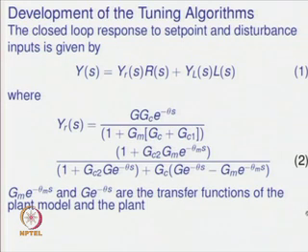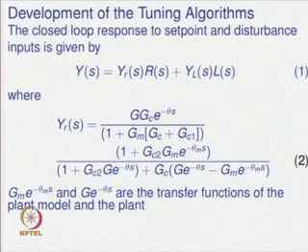Already we have discussed that with the use of signal flow graph, it is not difficult to obtain this expression Yrs. Now, Gm e to the power minus theta m s and G e to the power minus theta s are the transfer functions of the plant model and the plant. And please keep in mind, Gm is the delay free part of the transfer function model.